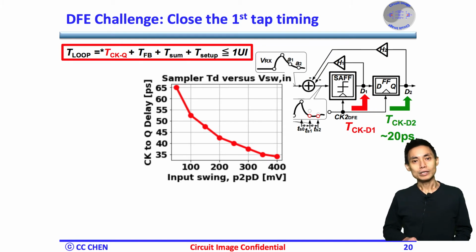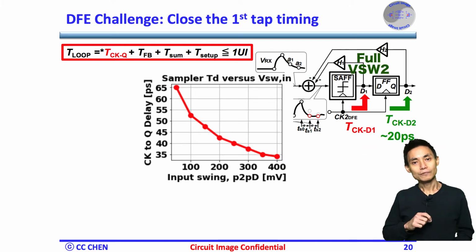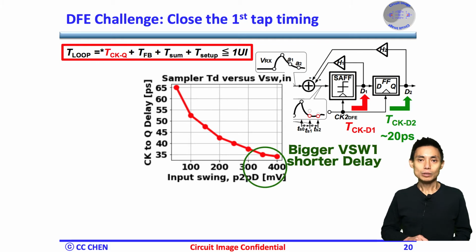Another image for you is that the first sampler needs to take the tiny input swing to regenerate to the full swing by the positive feedback. Therefore, a simple delay image might tell you a bigger input swing may take a shorter time to reach the full swing at the output.